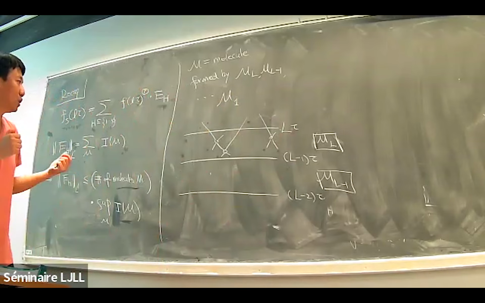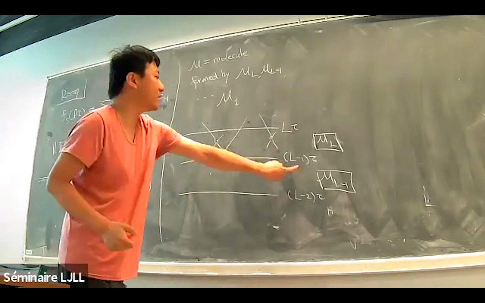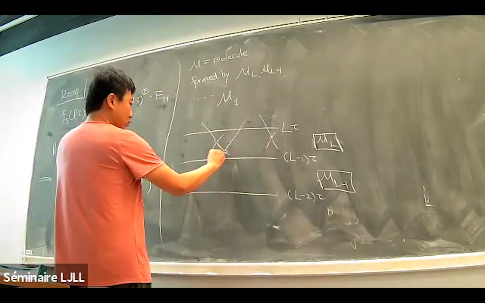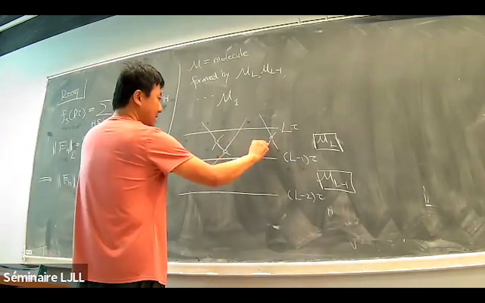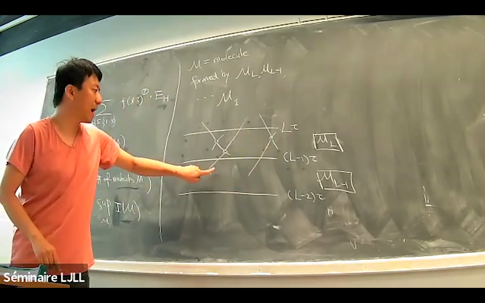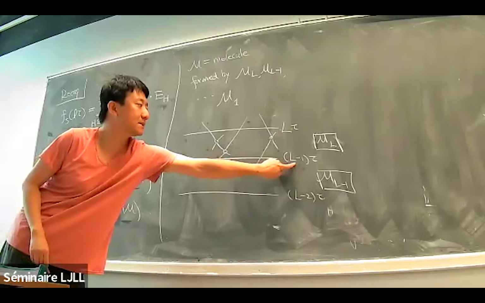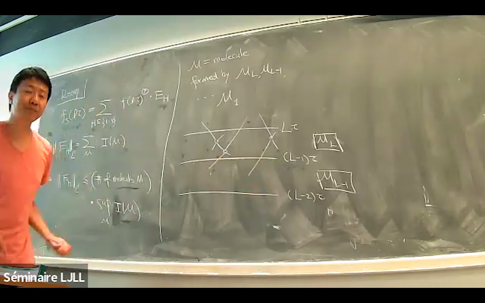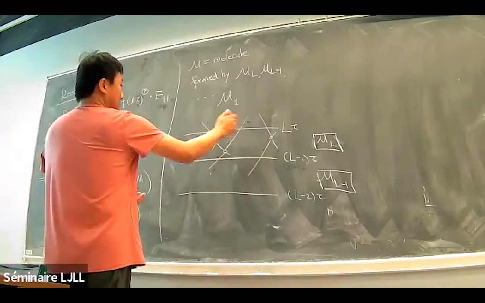Some belong to the part at time L-1 that we keep expanding, and we draw them as red. Let's say 2 of them are red, and these are the particles that cross into layer L-1.